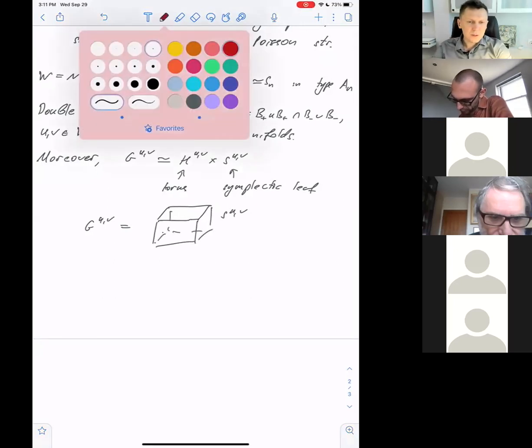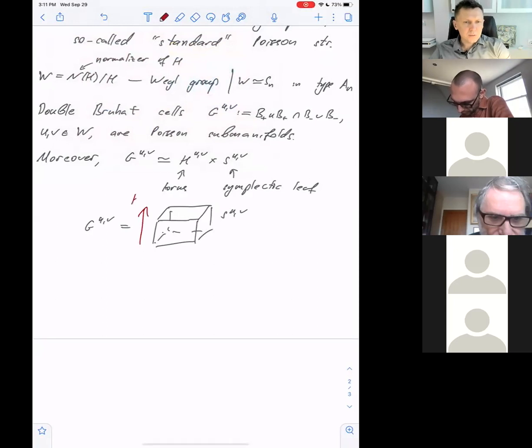Sasha, could you comment on an example of this Bruhat cell for the two longest elements of the Weyl group? Yes, absolutely. Is it the group itself? No, it's almost the group, but then you have to ask that some elements are invertible.